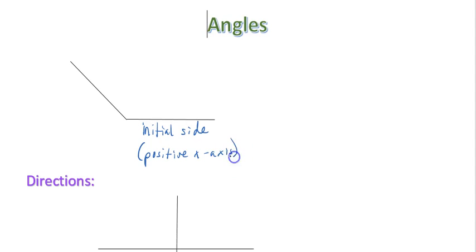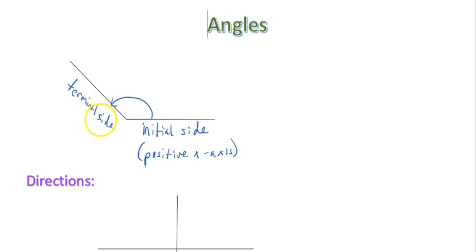So if you were on an x and y axis, this is on the positive x-axis. We think of this other side called the terminal side as moving, and that's the side we move because this initial side is going to stay put. And so we move in this direction most of the time, and we tend to draw an arrow to show how we got there.